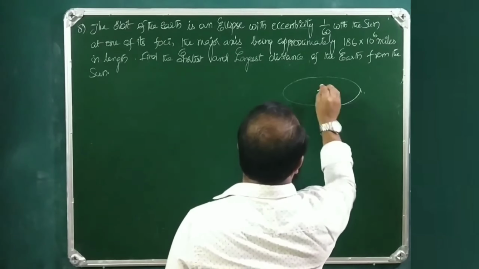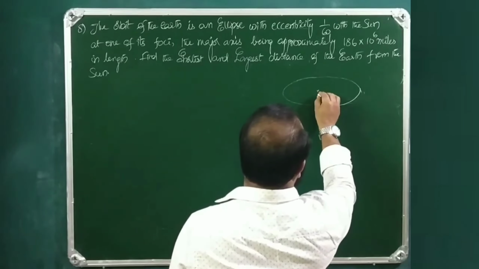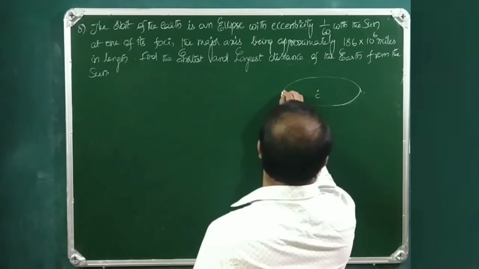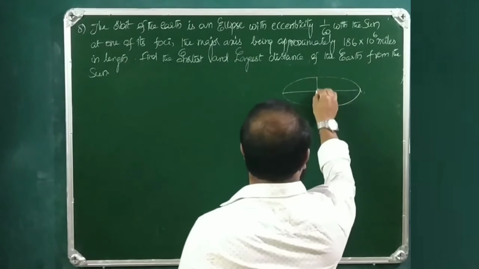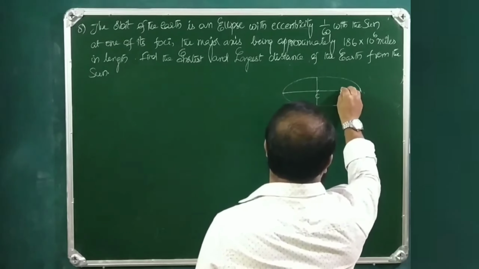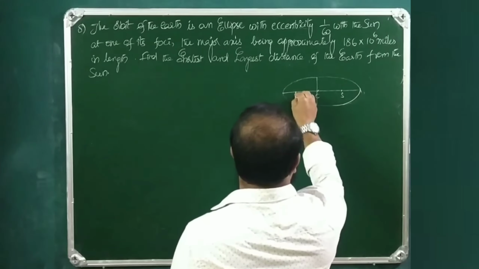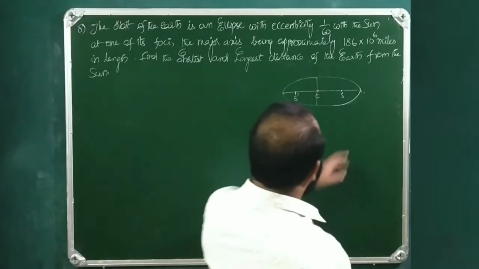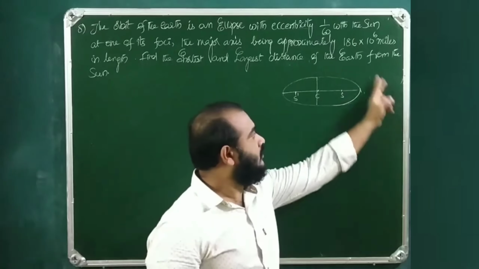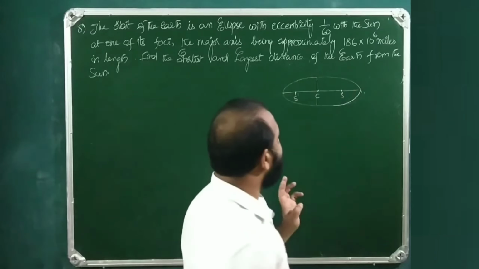Now, this being the center of the ellipse, let S comma S dash be the foci of this elliptical orbit.